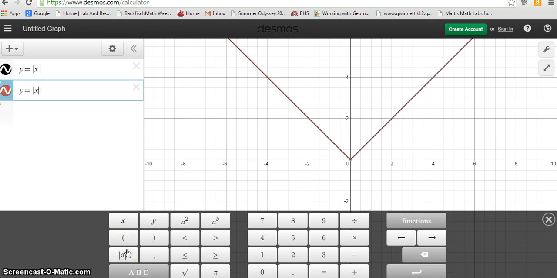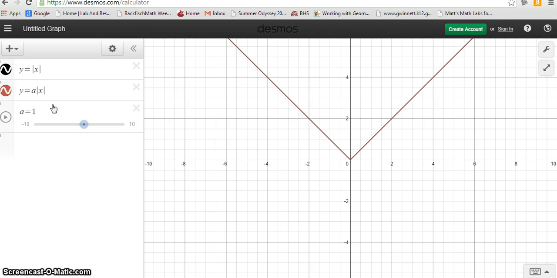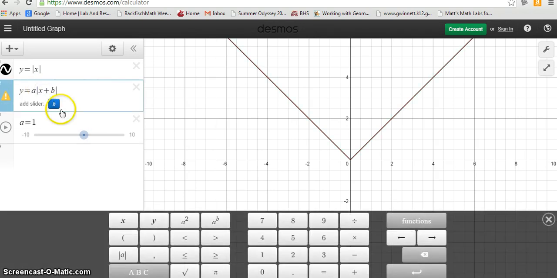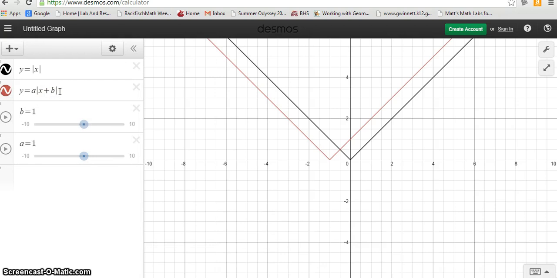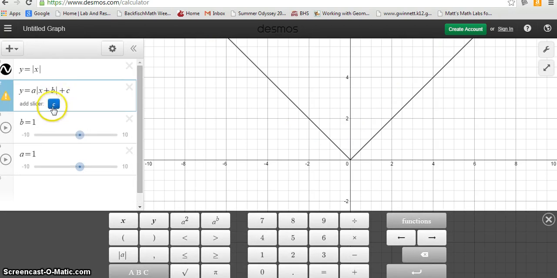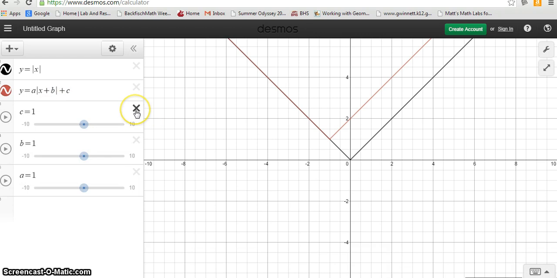First, I'm doing exactly the same thing. Notice it's a different color. And what I'm going to do is I'm going to add my sliders here. That would be multiplying out front. And or here, adding or subtracting inside the function. And or here. Okay, you may want to add them one at a time, and you can close these out. You can put them to 0. We don't want to put a to 0 because if we do 0 times that, we have no more x, no more absolute value.